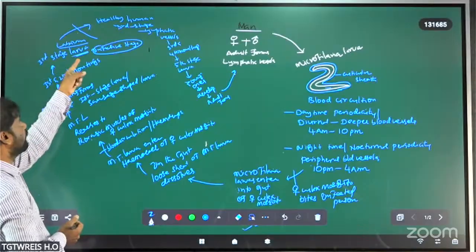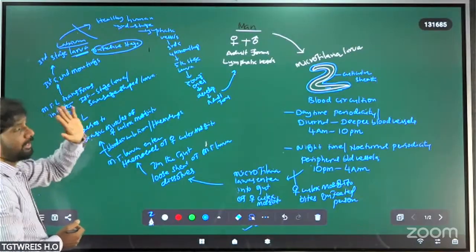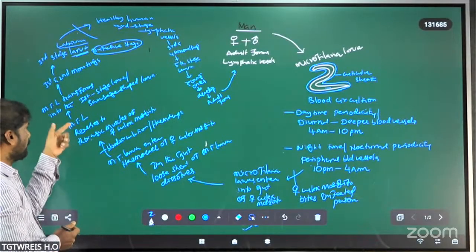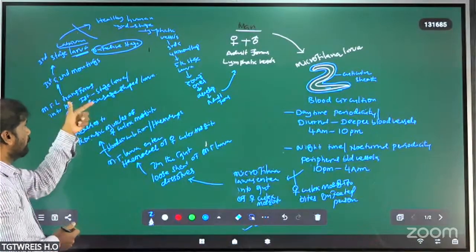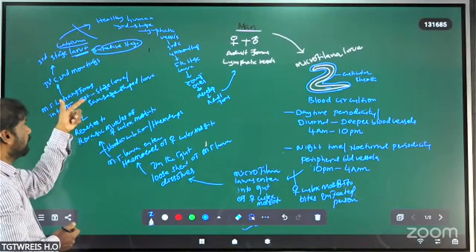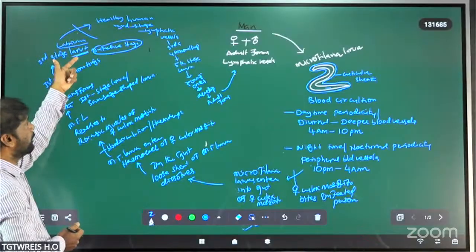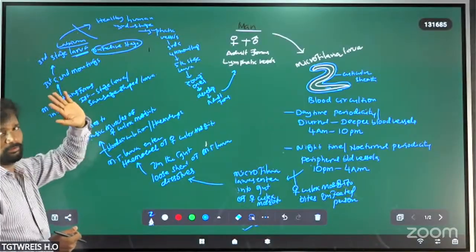This third stage larva is present in the labium of the female Culex mosquito. So the first stage larva is present in the thoracic muscles; through the thoracic muscles, it enters into the labium. In the labium, the infective stage or third stage is present.